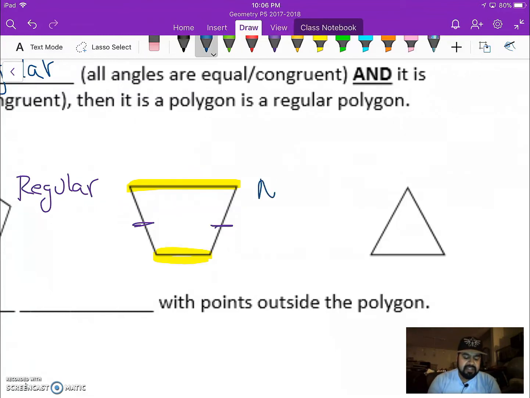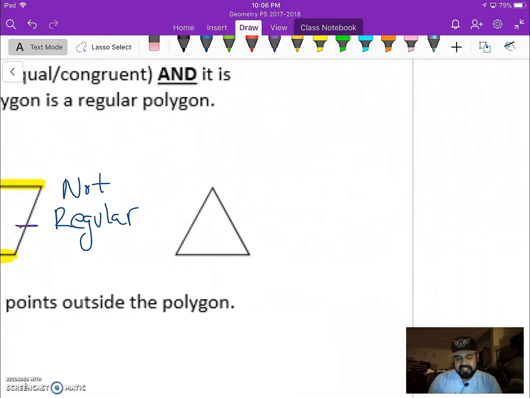So therefore, it is not a regular polygon. Last but not least, we have a beautiful equilateral triangle. All the sides are congruent, all the angles are congruent, therefore we say that it is regular.